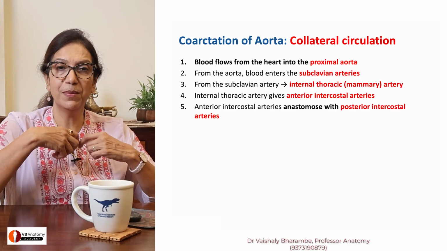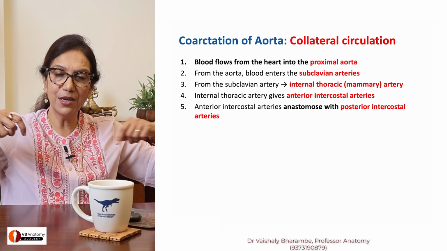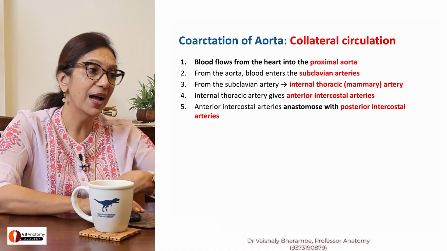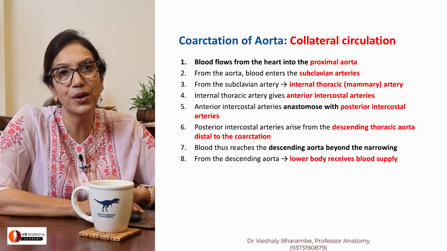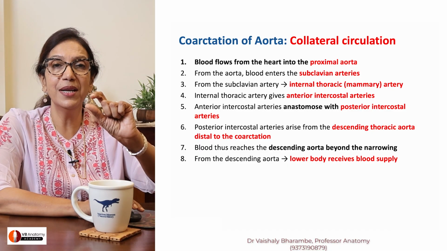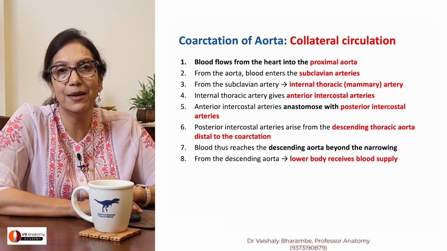So blood now from that subclavian has reached posterior intercostal. Through the posterior intercostal, the blood travels back, enters into descending aorta, and through that descending aorta, it supplies the lower half of the body. Isn't it amazing? The narrowness has been overcome through this collateral channel.